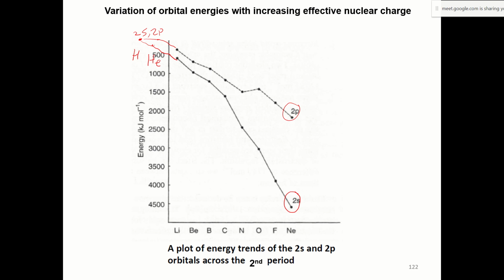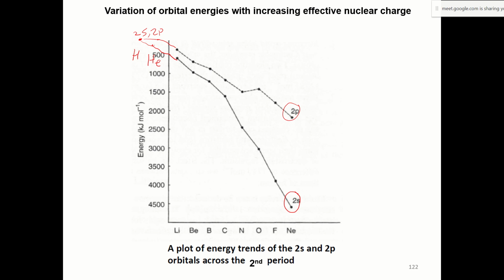it will be something like this. In hydrogen, the energies of 2s and 2p are the same, which we have discussed before. And when it becomes a multi-electronic system, shielding and penetration effects come in due to electron-electron repulsion, so the energy even within the same shell differs between different orbitals.